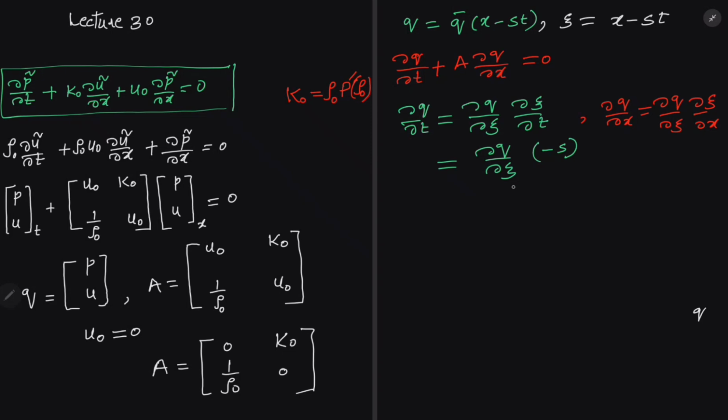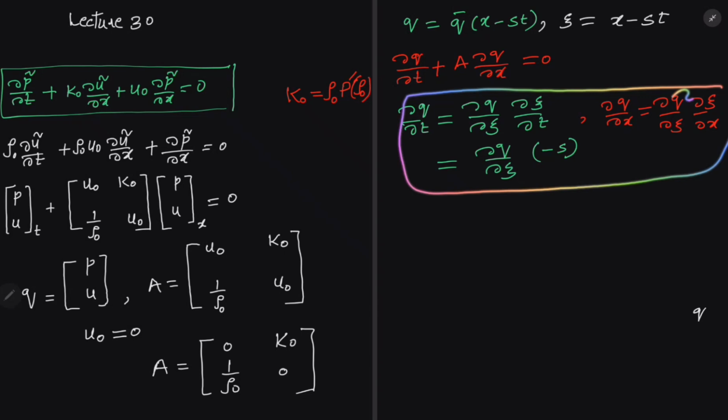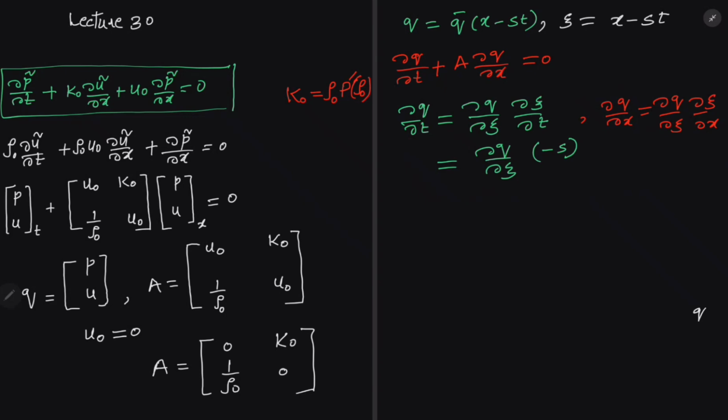When we put these two expressions into this equation, we get minus s partial q by partial xi plus A partial q by partial xi is equal to 0.